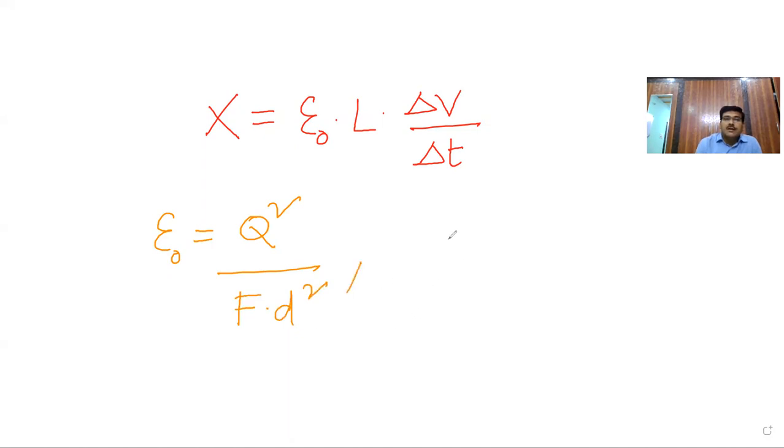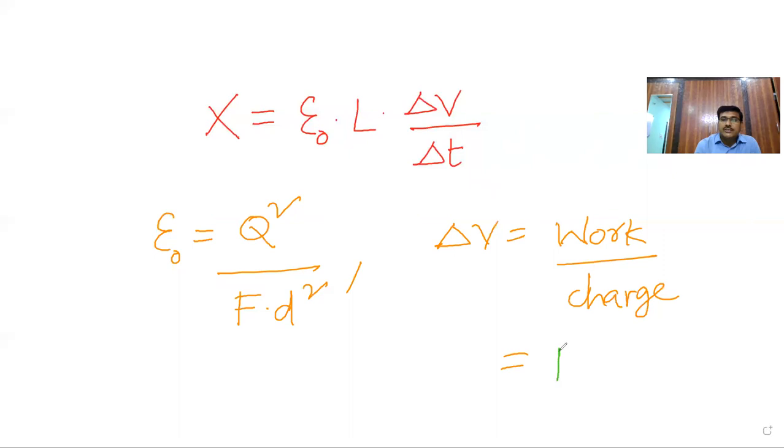And similarly, potential difference. Potential difference is delta V. This is defined as work per charge. Work per charge. And what is work? Work is nothing but the force into distance. Force into distance by charge Q. Clear? So this was the permittivity dimension formula in terms of the physical quantities. Similarly, potential difference in terms of the physical quantities.